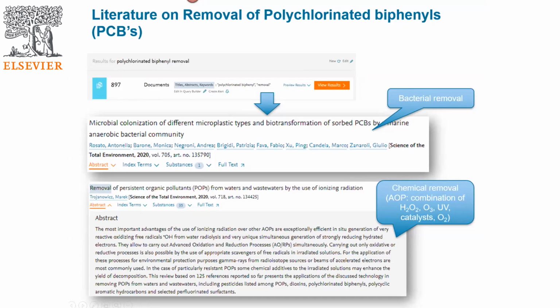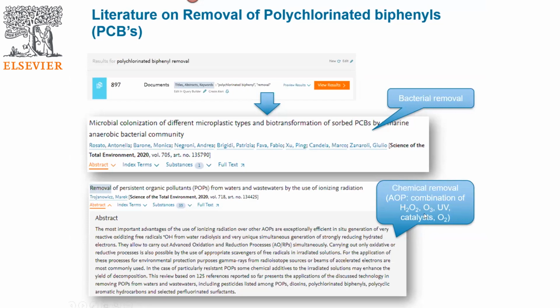What is this? It's to use a combination of hydrogen peroxide, ozone, ultraviolet, catalyst, or oxygen. So some combination of these very strong oxidation processes.